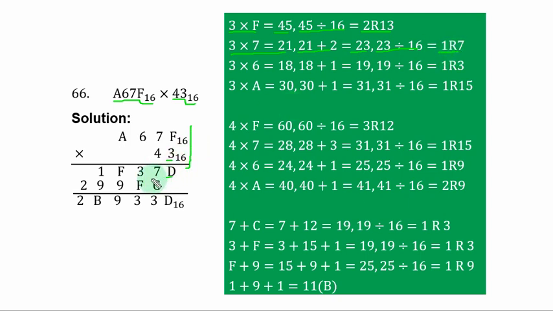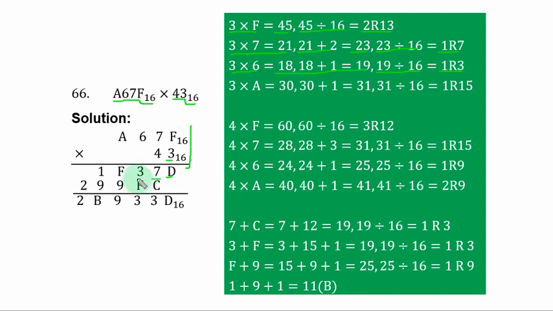You record 7 and you take 1 forward. 3 times 6 is 18, plus the 1 carried forward, you have 19. Divide 19 by 16, 1 remainder 3.